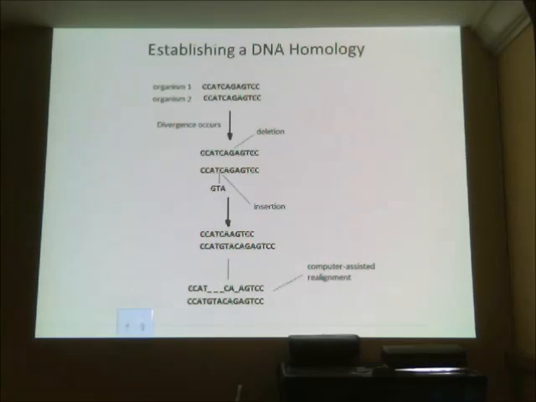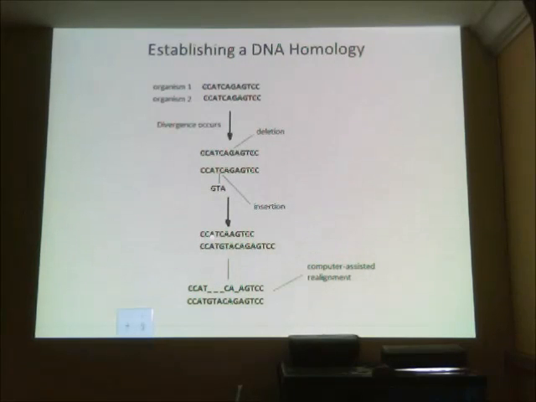longer than this one. Now, if this is a very, very long molecule of DNA, and you've got this kind of a thing, and you're trying to align these things, it's very, very difficult. It might not be so hard to do it when it's something really short like this, but you might have a lot of these along the chain. So when you want to try to align them and see how close they are to one another, you can use computer-assisted realignment, where the computer is actually able to parse this out into these pieces.